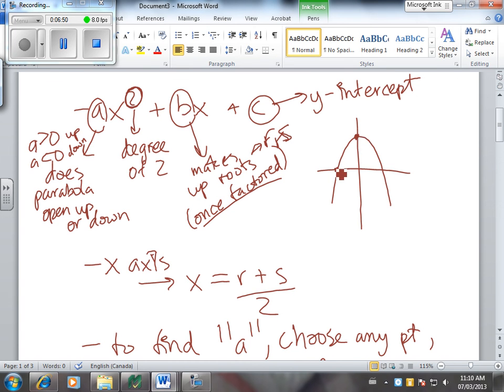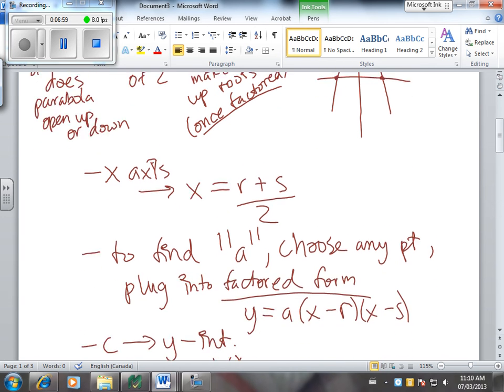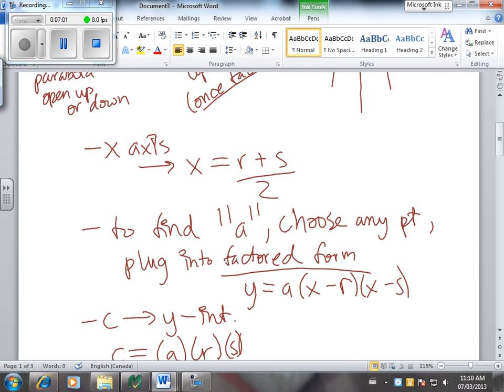These are my roots, and my a will be negative. To find my axis of symmetry, I find my roots, r and s, and I take the average, so it will be over 2. Then I'll get x equals something.